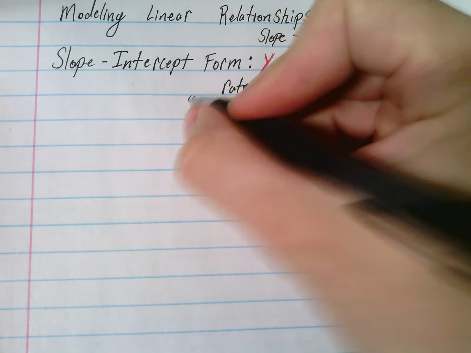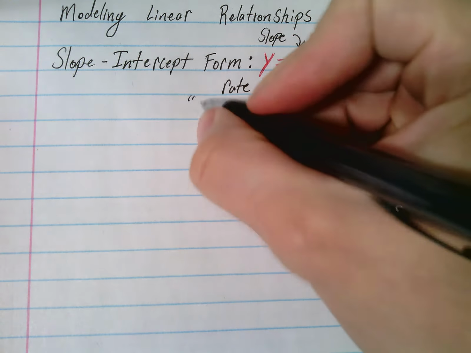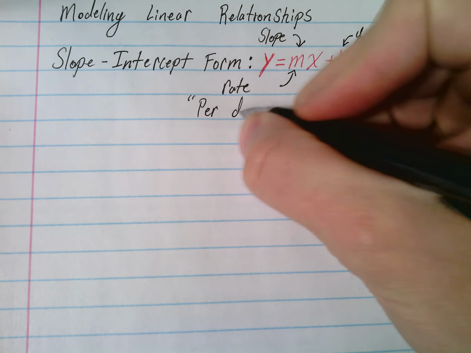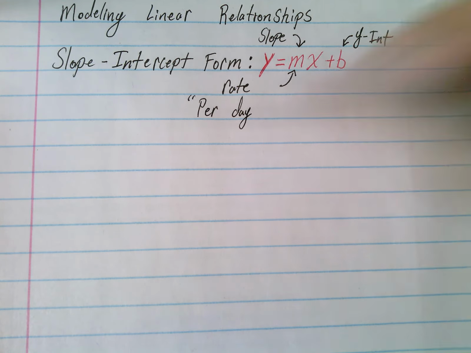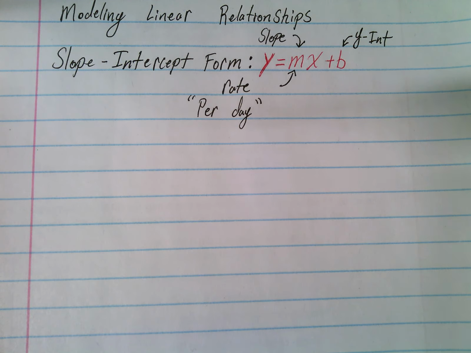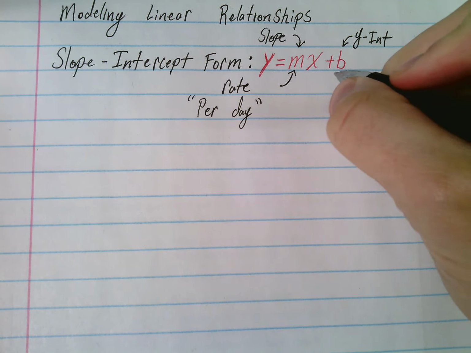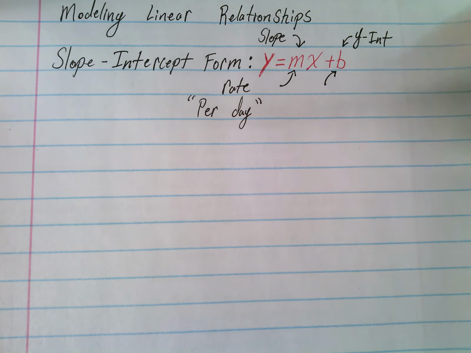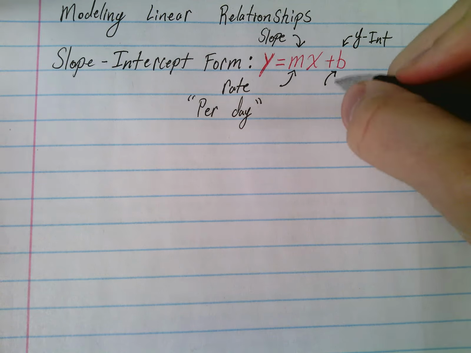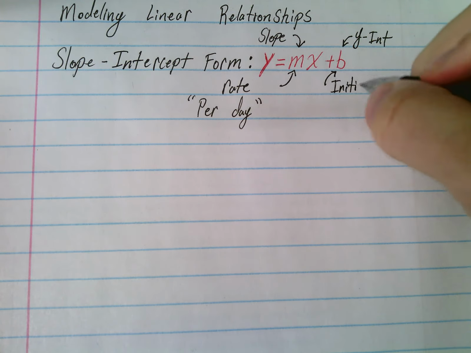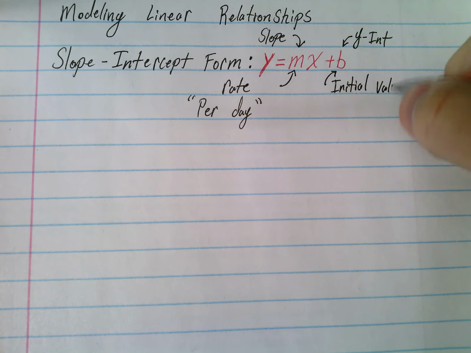Some of the words that we might see that mean it's a rate are per day, or per hour, or per game. And this y-intercept here for us means an initial value.